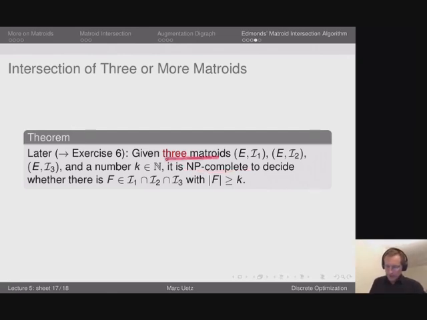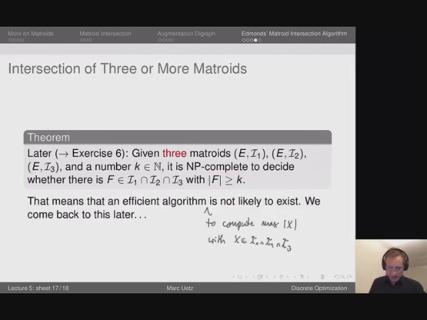If there are 3 matroids, M1, M2, M3 on the same ground set, and you give me a number k, then it is NP complete, so it's computationally hard, to decide whether there exists a set F which is independent in all 3 matroids, which is large enough. Okay, so that's an exercise that we are going to solve.